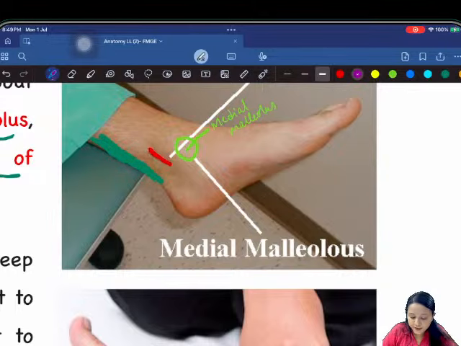Now you can see that the pulse is felt. This is the medial border. This purple shaded area is the medial border of the tendoachilles.